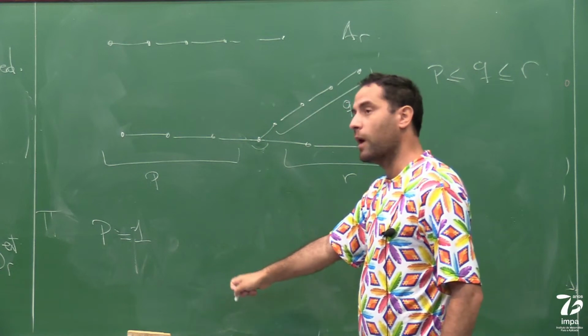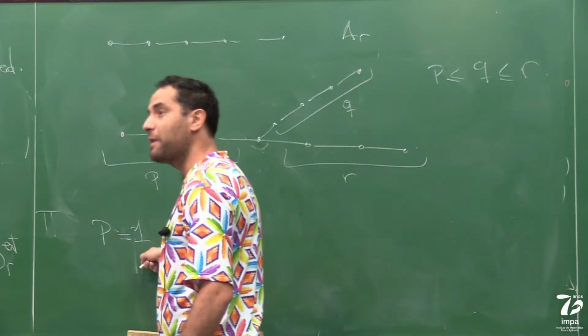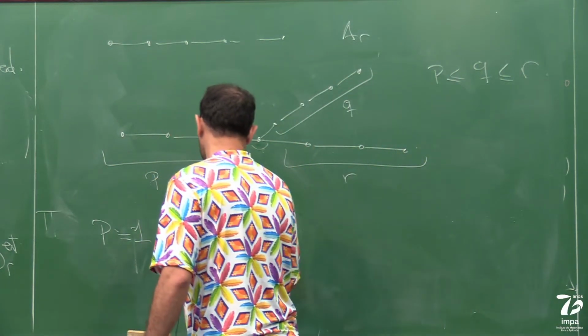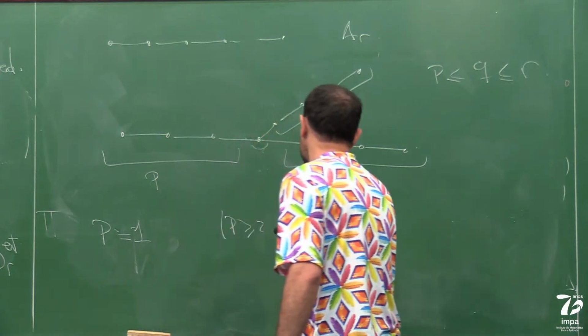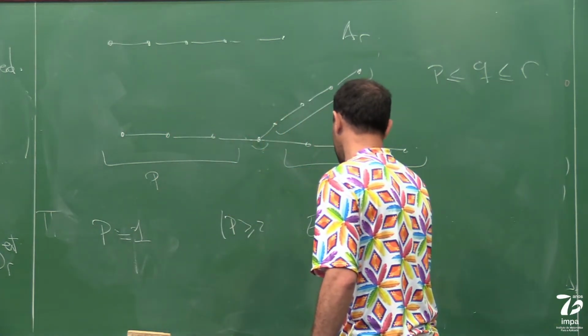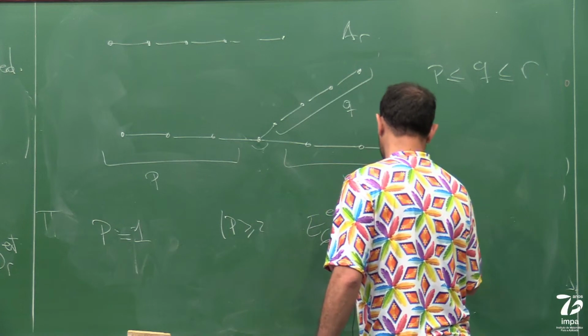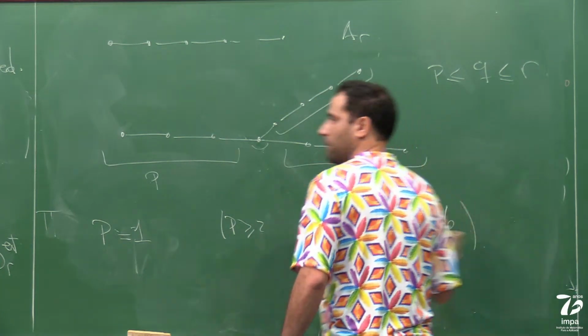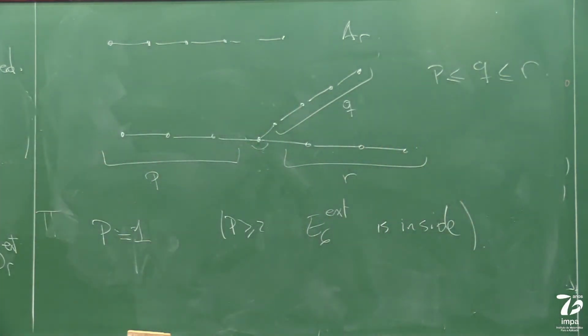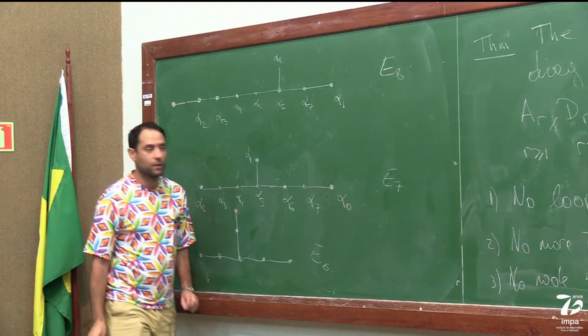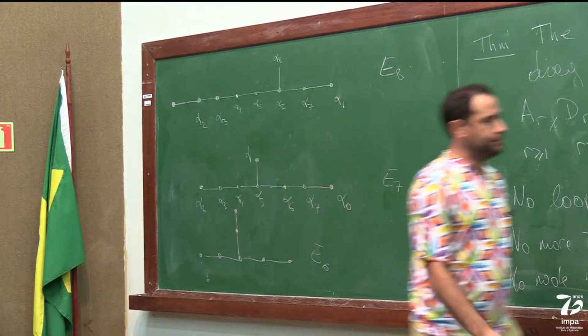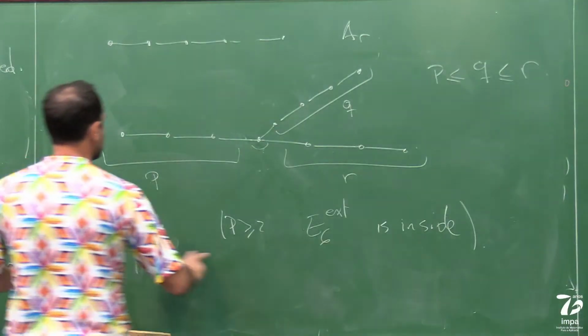P has to be equal to 1 because if P is bigger or equal than 2, then E6 extended is inside. If the minimum number of nodes is 2, then this diagram has to be inside, and this is not a Dynkin diagram. So that's it. So P has to be 1.